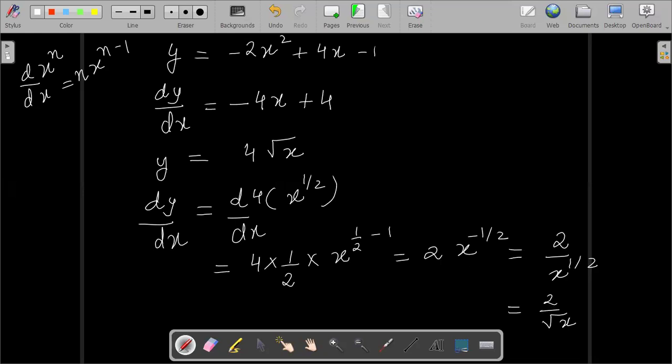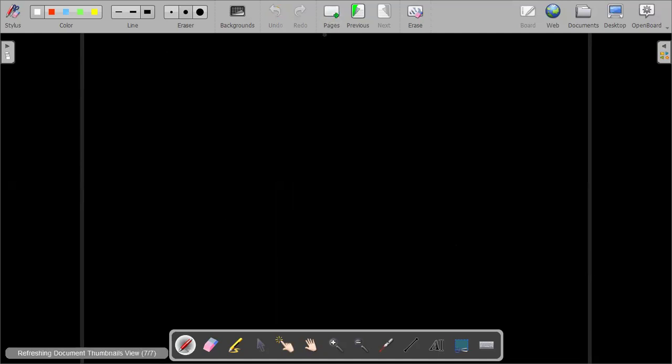Got it? Yes, sir. Okay, now let's try to evaluate this one. Suppose the position of a particle x is given like this: 2t squared minus 4t plus 1. This is how the position of a particle is described with respect to time, where x is in meter and t is in seconds.